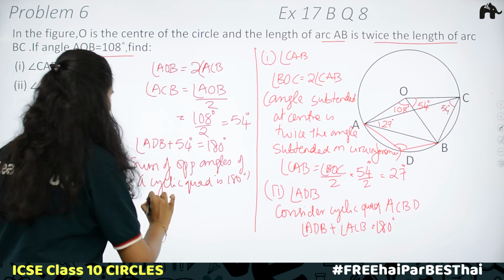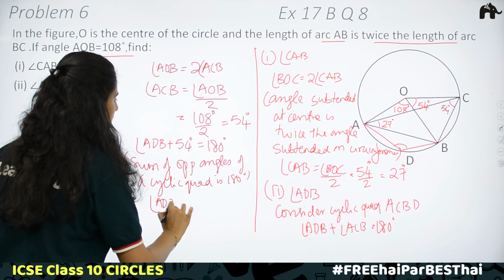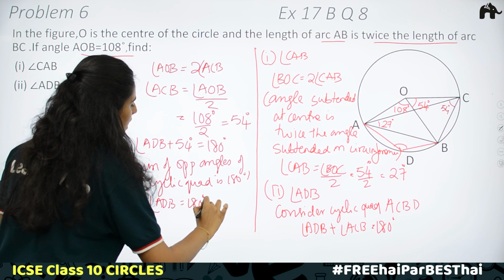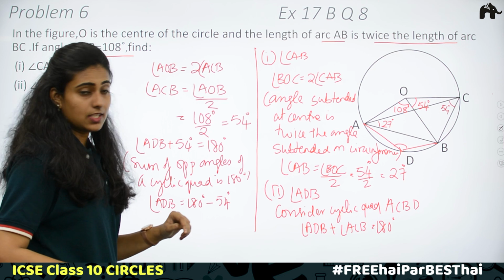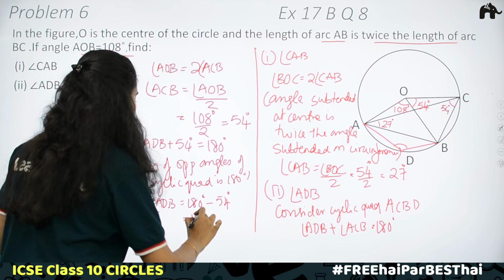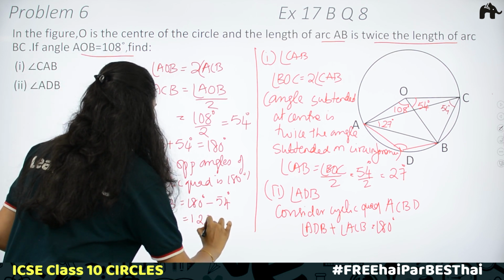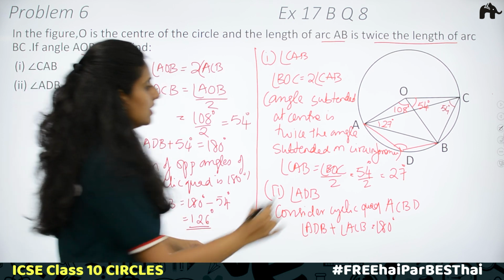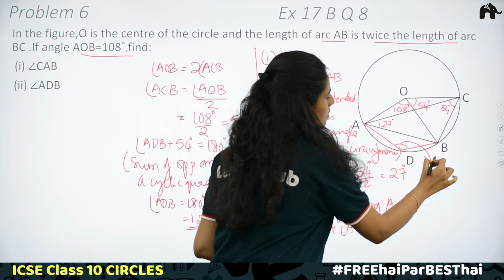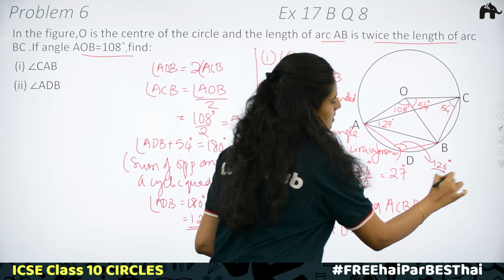Therefore, angle ADB is equal to 180 degrees minus 54 degrees, that is 126 degrees. This angle ADB is equal to 126 degrees.